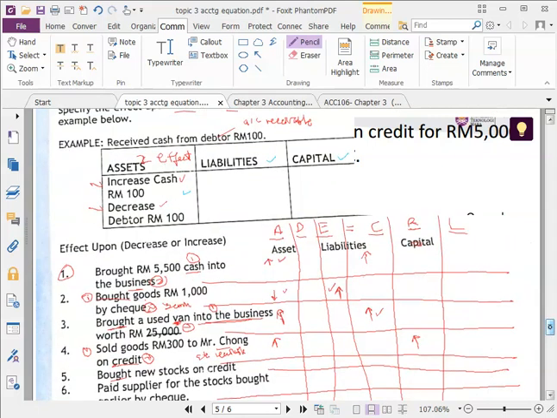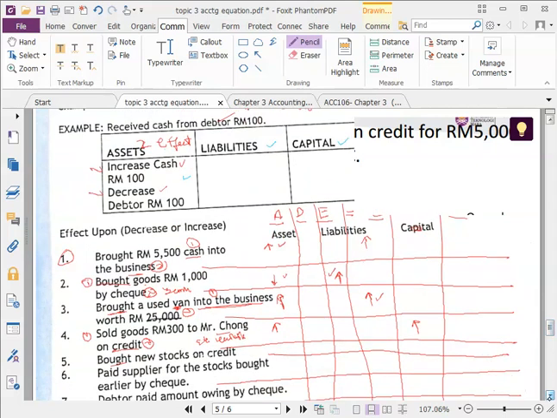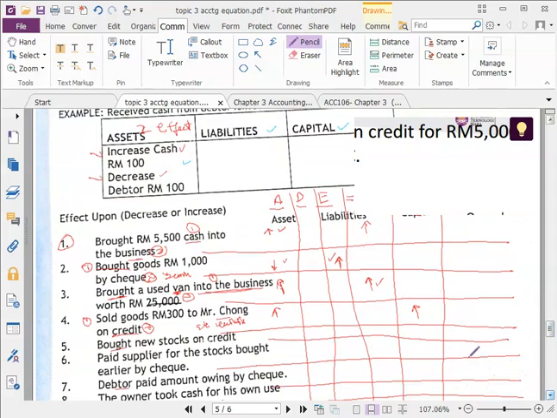Okay, so the terms used by this exercise is the term yang dah lama. Okay, so bought new stock is that purchase a new stock on credit. Okay, purchase new stock ataupun goods ataupun produk, okay, on credit.